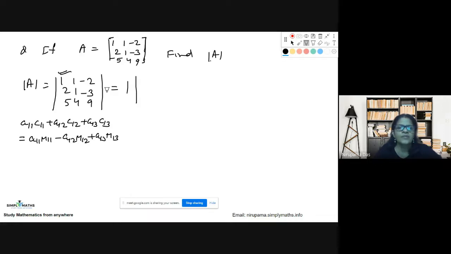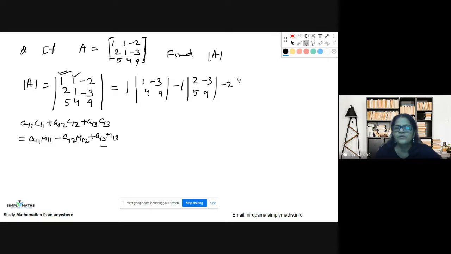Now A11 is 1. What is M11? First row, first column, we will not take; it is 1 minus 3, 4, 9. Minus A12; here A12 is 1, so minus 1 into M12. First row, second column, we will not take; it is 2 minus 3, 5, 9. Then plus A13 into M13; A13 is minus 2 here.